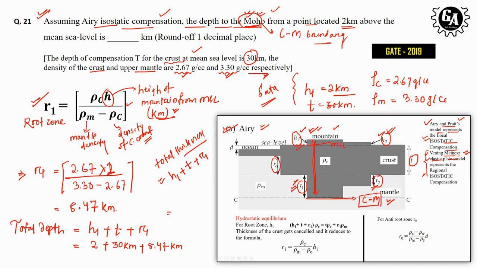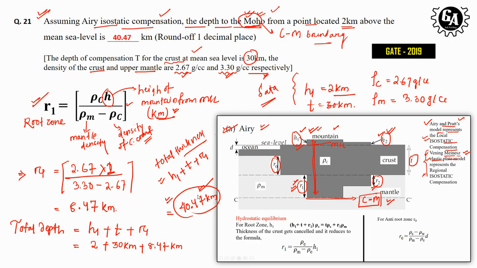So the answer is 40.47 kilometers. This is the total depth up to the Moho, the crust-mantle boundary. So our answer is 40.47 kilometer.